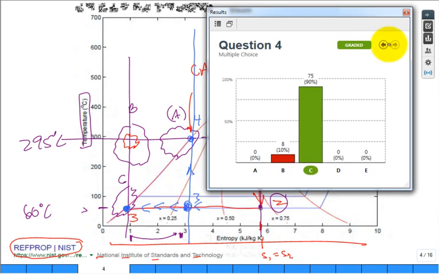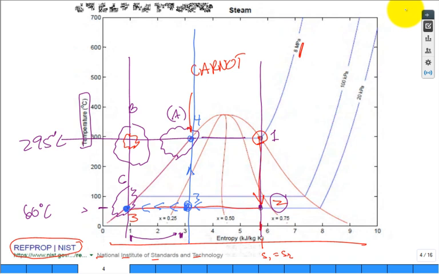Now let's go back and look at this one. We got a few people moving away from A. Yes, sir, physically impossible, water at 300 Celsius above. You're right, because when we had a bunch of those plots, remember the high pressures? They all tucked in here. The region where it's saturated or compressed liquid is very tight, close to the side of that dome in the TS diagram.